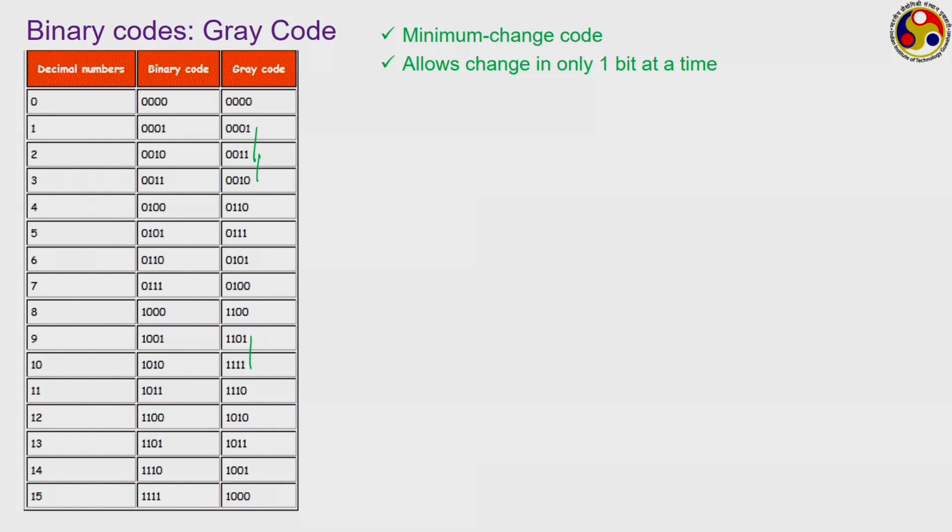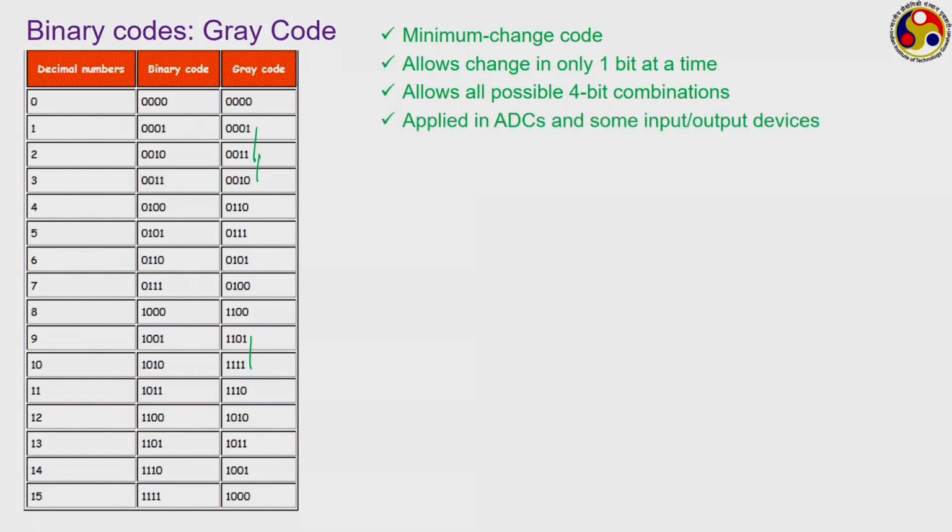That is, between successive numbers there is only a single bit change, which is the advantage of Gray code. You need fewer operations, and it also allows all possible 4-bit combinations going from 0 to 15 in decimal. It has found application in different ADCs, that is analog to digital converters, something we shall talk about in the next lecture, and also in some input output devices.